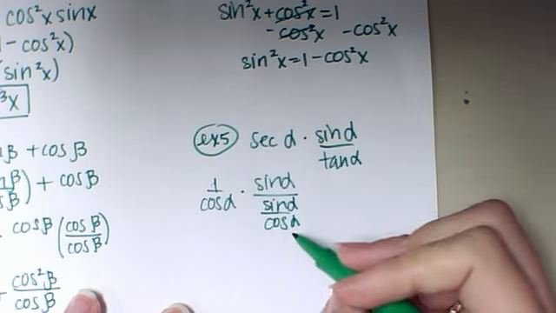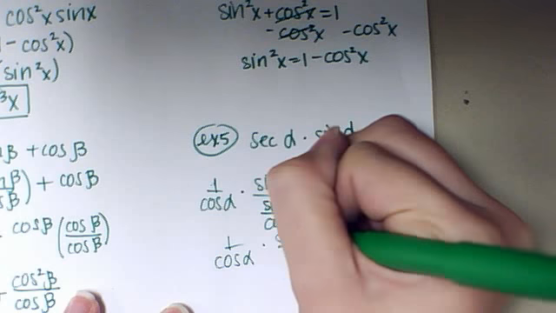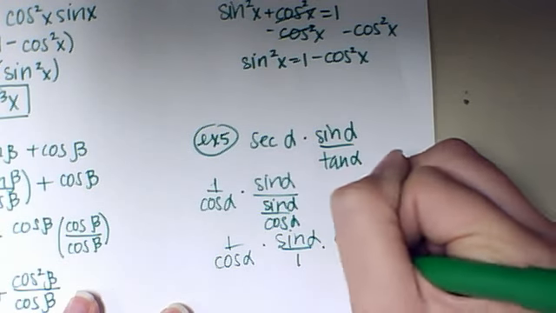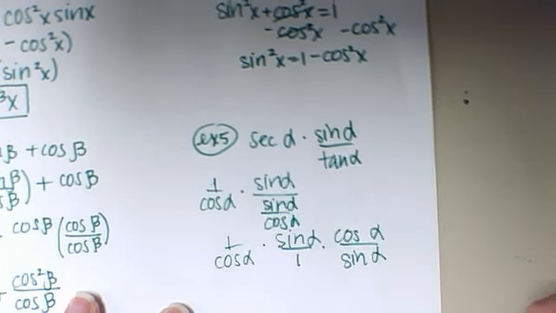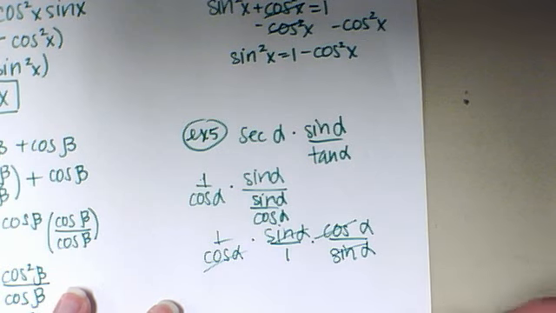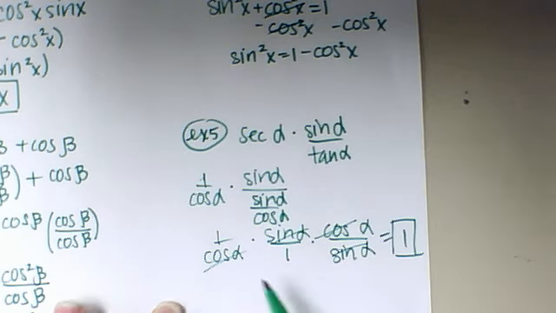When I have that, I've got a fraction over a fraction again, so I want to flip the second one, multiply. So I've got sine of alpha over 1 times, flip that second, cosine over sine. And when I do that, my sines cancel, my cosines cancel, even my 1's cancel, but we just know that 1 over 1 is 1. Be careful to cancel those out because I don't want you to think that's 0. When everything cancels, the answer is 1.